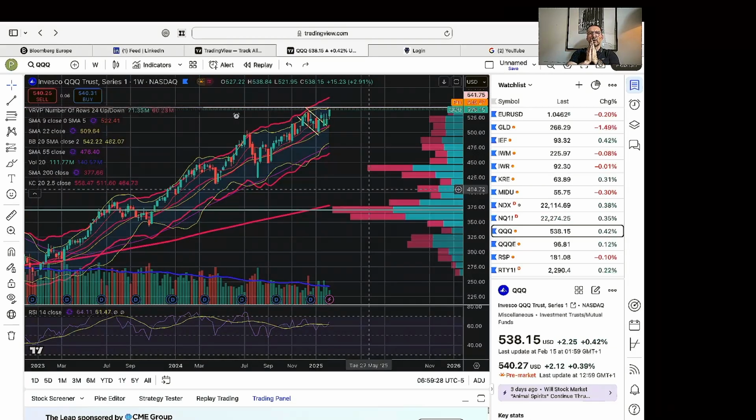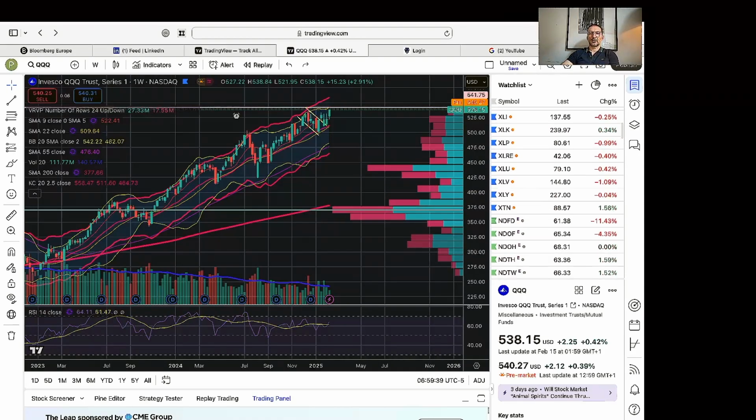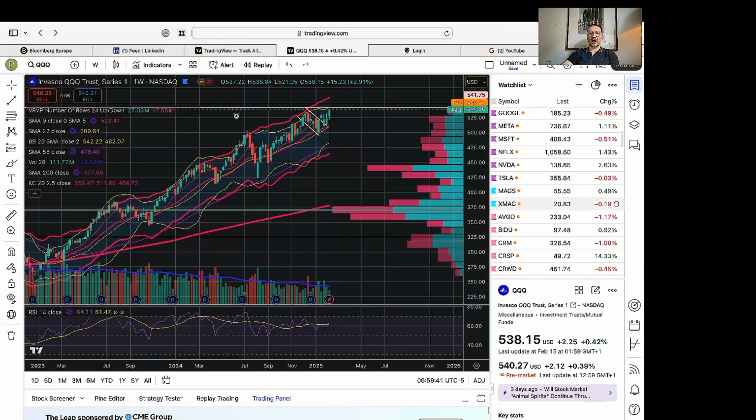But it shows that the rally today is fueled not by the MAG 7, but by the overall tech sector.